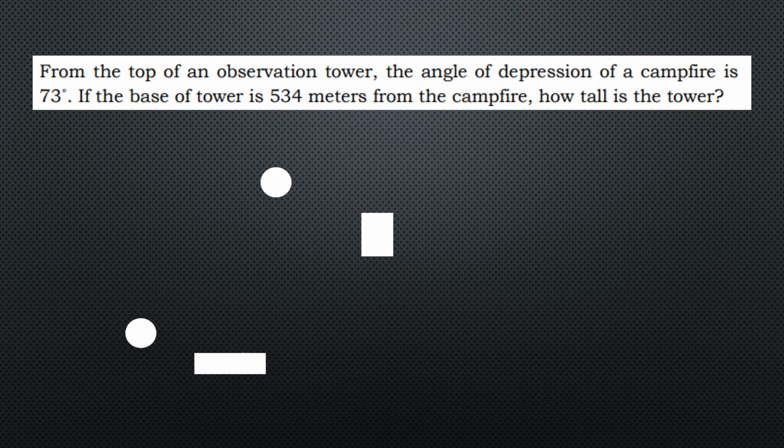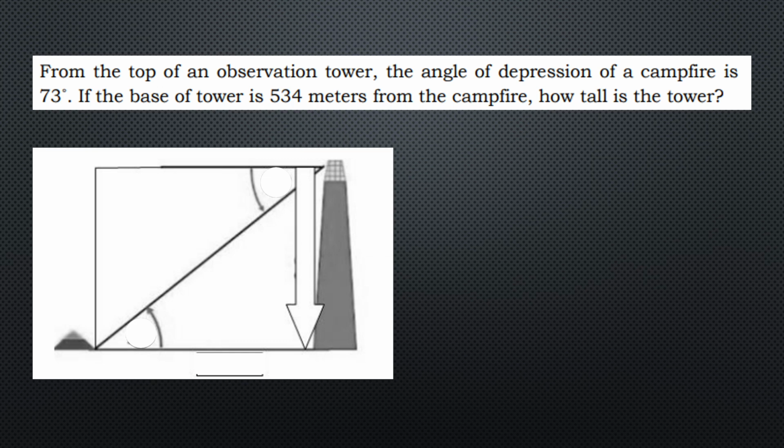So you have to use your imagination to draw the tower and the campfire. Of course you create distance between them. So this is your tower and this is your campfire. Since it talks about the angle of elevation, then the angle must be somewhere here and this one, right?